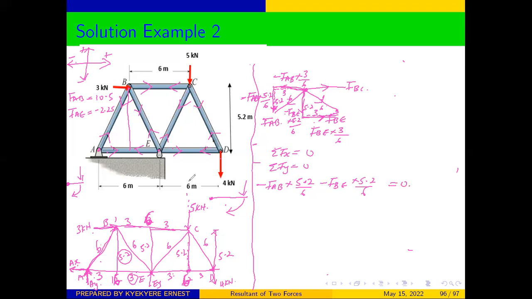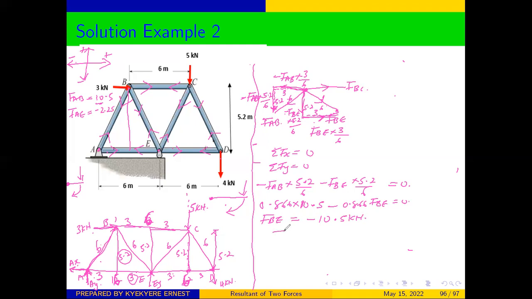We have already calculated FAB as 10.5. Wherever we see FAB, we can put 10.5. So we get 0.866 times 10.5 minus 0.866 FBE is equal to 0. And from there, if you do the analysis, your FBE is going to be negative 10.5 kilonewtons.